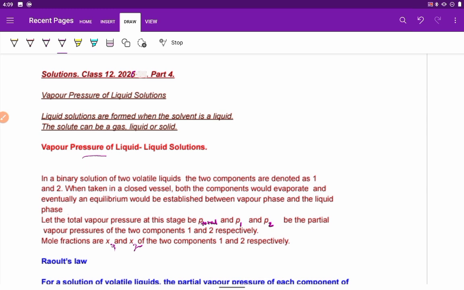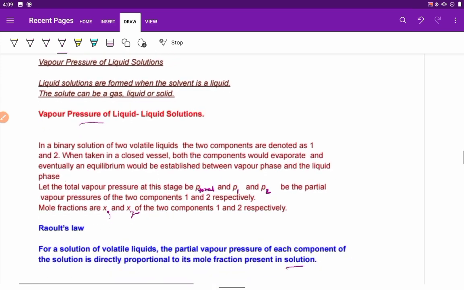Now if the total vapor pressure at this stage is P total, P1 and P2 are the partial vapor pressures of the two components 1 and 2 respectively, and we have to see the mole fractions. The mole fractions are x1 and x2 of the two components 1 and 2 respectively.